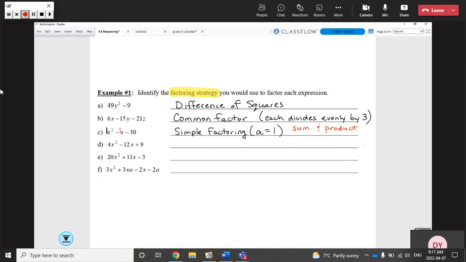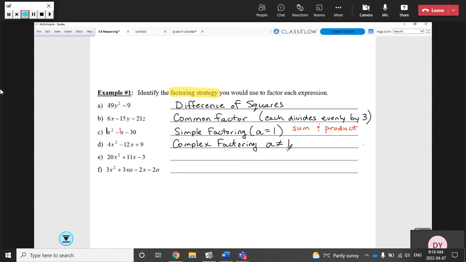Okay, how about this next one, part D, 4x squared minus 12x plus 9. When you see this trinomial, what factoring method do you think here? Complex, yeah, how do you know? A does not equal 1.